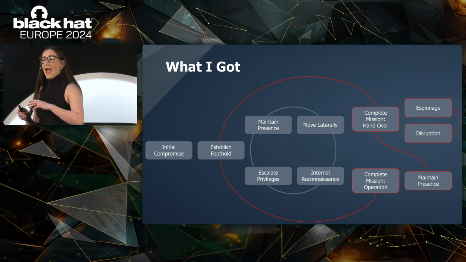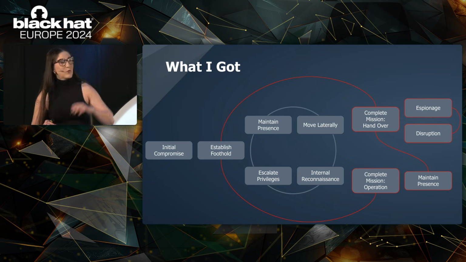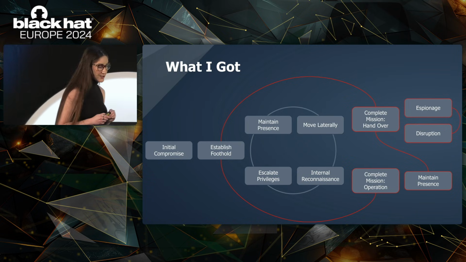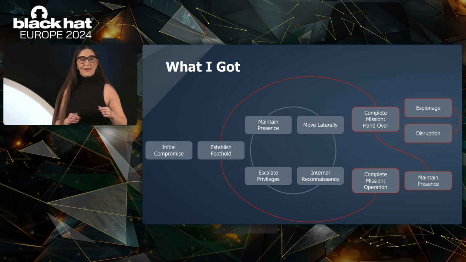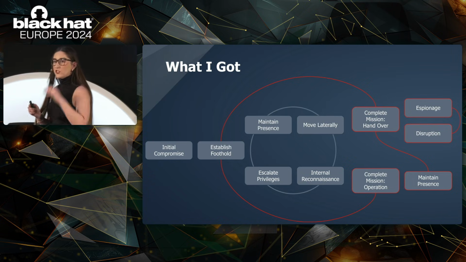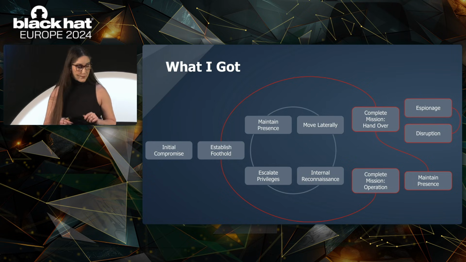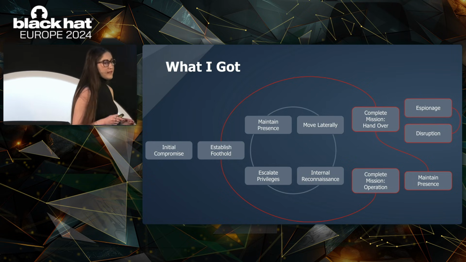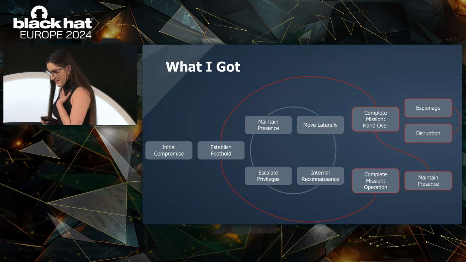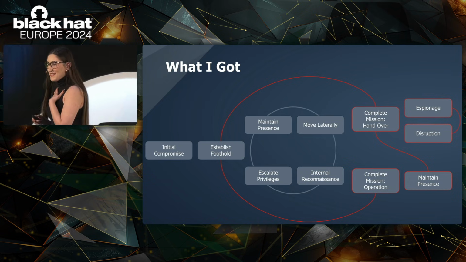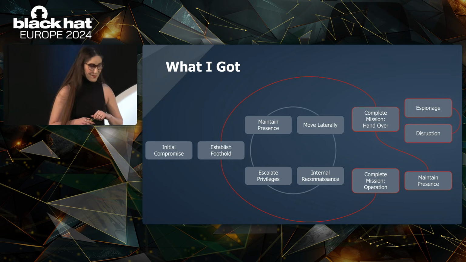Some looked like access brokerage handoffs. Some were destructive, some were espionage, some activities were non-handoff independent, and in some cases were even just jumping in between the two. And so even though at this point the feeling about the attribution was very, very strong, let me tell you, the evidence at this point was not so much.